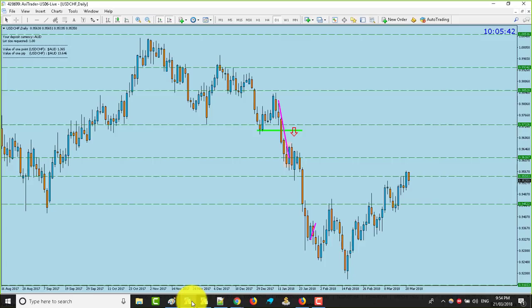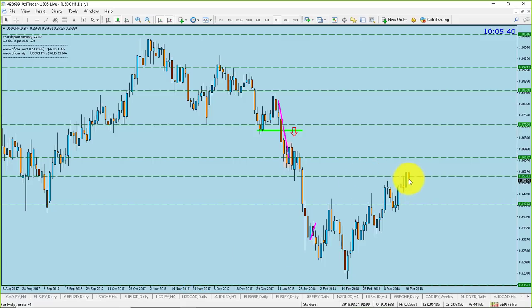But I need to have both here, because the downtrend on the Swissy has been so extended, this retracement has been so extended. At this stage, for me, I'm not shorting the Swissy right now.